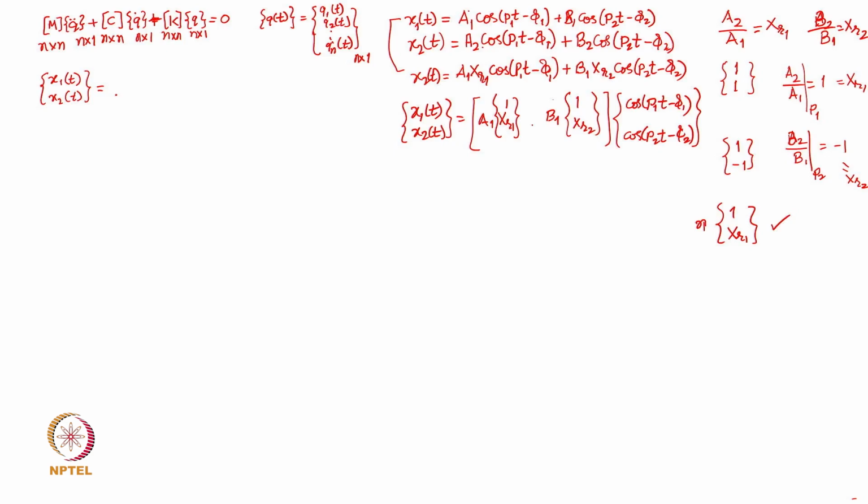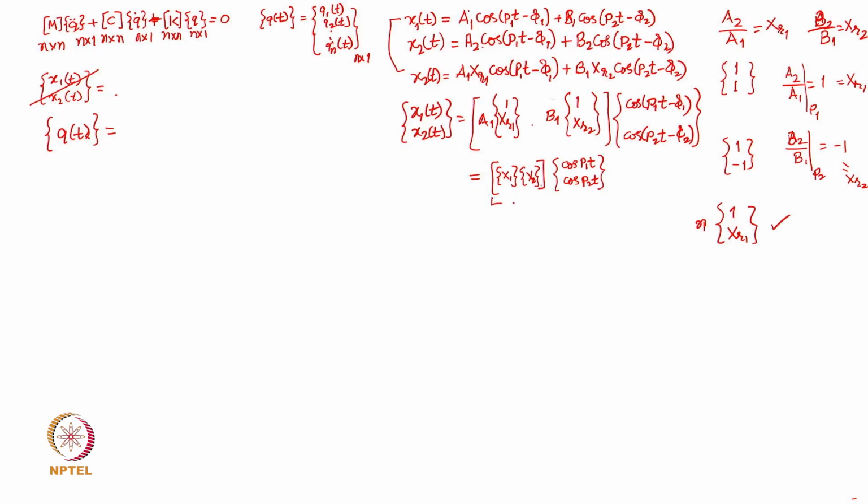So, what I am going to do is write q(t), the response of a multi-degree of freedom system, as a matrix which contains individual mode shapes like x1, x2 and so on, multiplied by cos p1 t, just ignoring the phi which can be accounted for later.